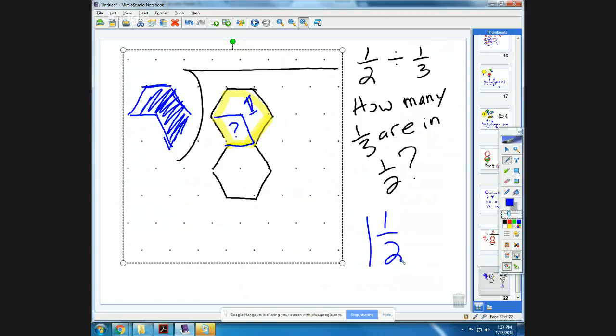So let's look at it a slightly different way. If I'm using the rhombus as my piece, how many rhombuses live in this chevron? 2. There's 2 of them. And how many of those rhombuses live in my hexagon? There's 3 of them. Okay, so I have 3, and I'm looking for 2.